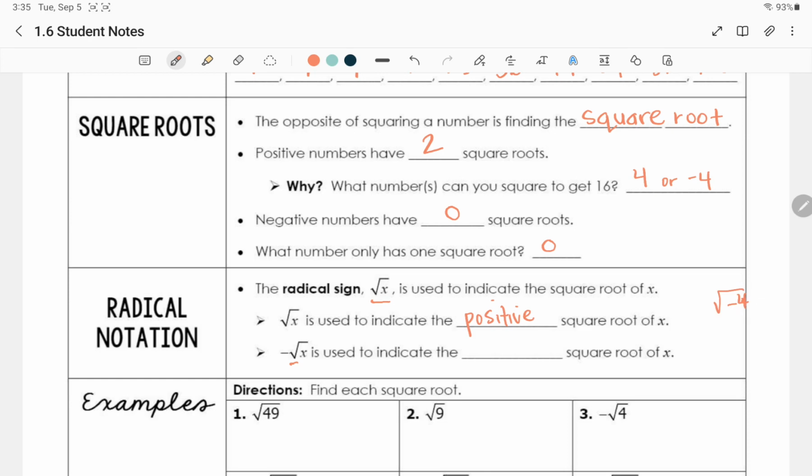So it would show up as the square root of 4, and the negative sign would be on the outside. You cannot have negative numbers, cannot have 0 square root. If it is used to indicate a negative square root of x, it's on the outside. It should never be under the radical symbol. You can't have negatives underneath the radical symbol.